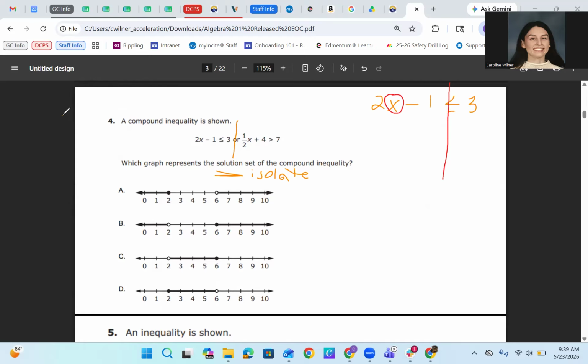And then I need to start moving the besties, meaning numbers directly attached, so that 2 is last. Move the other piece, minus 1. Opposite of minus 1 is plus 1. Again, if I do it on one side, I have to hop over the line and do it on the other.